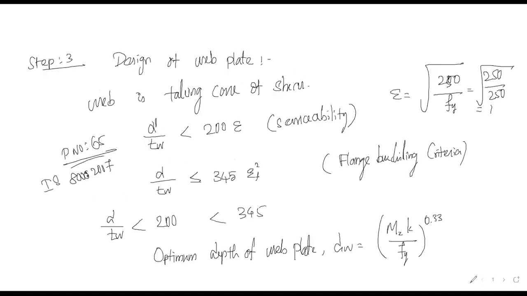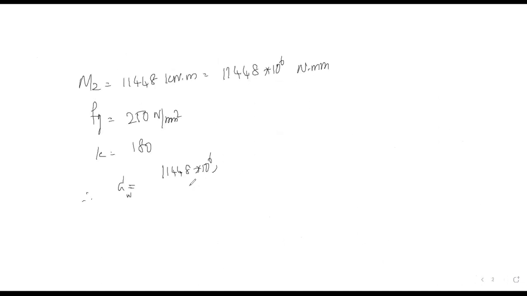Therefore, depth of web is equal to, what is the formula? Mz into k divided by fy, whole power 0.33.